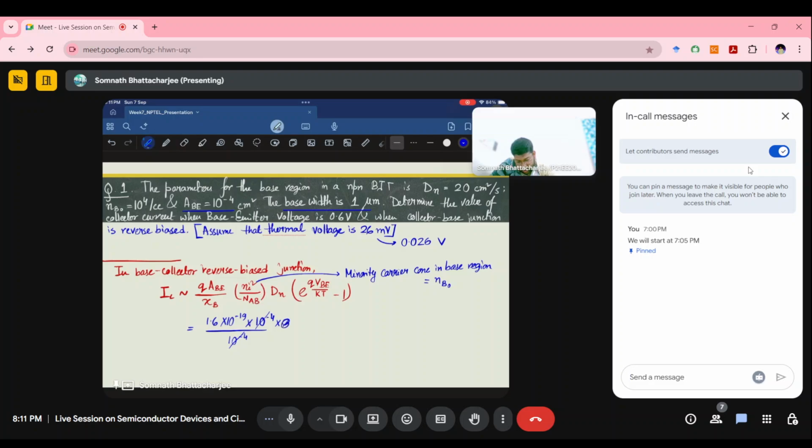So this is 10 to the power 4 per cc multiplied by Dn. Dn is 20 multiplied by e to the power of Vb. Vb is given as 0.6. So 0.6 into 0.026 minus 1. So these are just the values. Just put the values and get the answer.